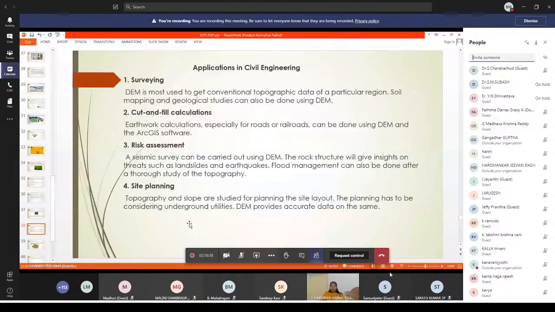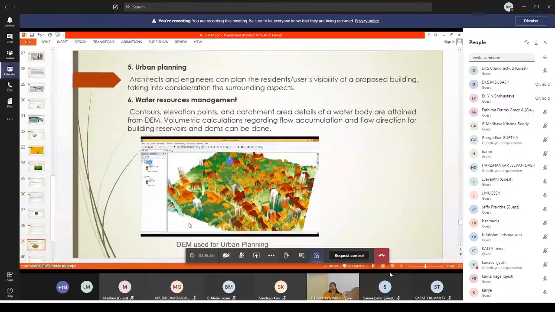Coming to site planning, topography and slope are studied for planning site layout. The planning has to consider underground utilities, and DEM even provides accurate data on the same. Coming to urban planning, architects and engineers can plan the residents' visibility of a proposed building, taking into consideration the surrounding aspects.